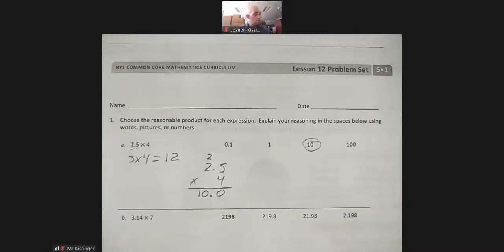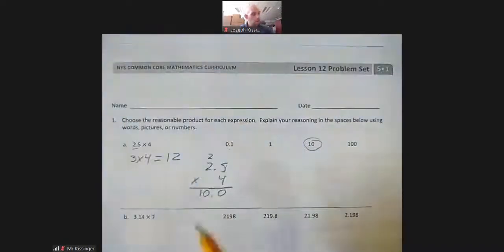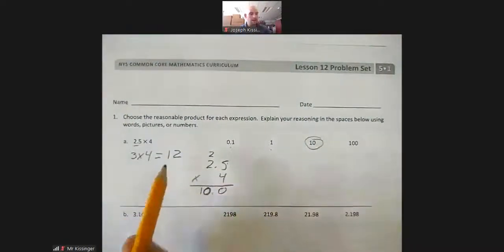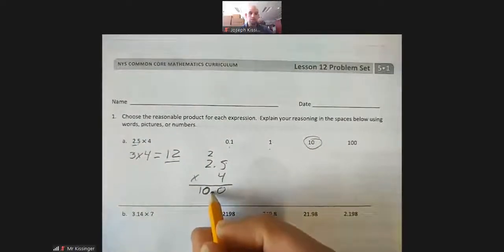So we would know if we didn't put this decimal point in and we got 100, okay, 100 is not very close to 12, so we know that our decimal point should go here.